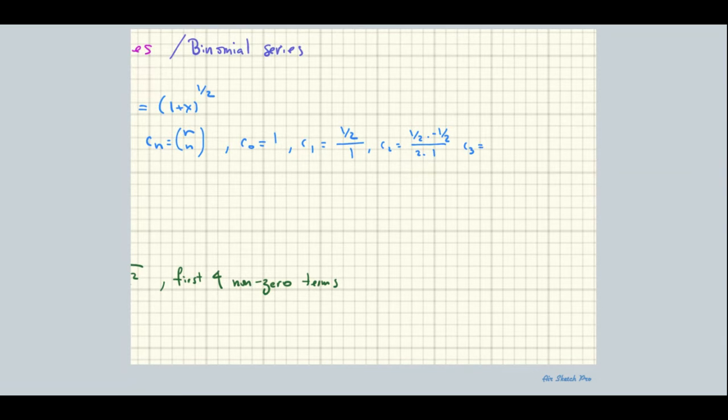C3 is going to have 3 factors on the top and the bottom. Starting at 1/2 times the -1/2 that we just had, and then subtract 1 again. What do you get? Subtract 1 once again, what do we get? Yes, that's right. And we want to keep them as fractions.